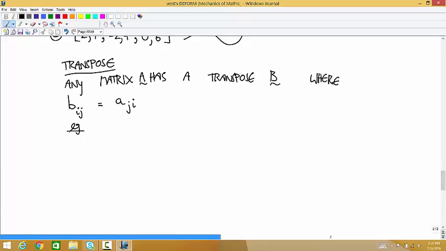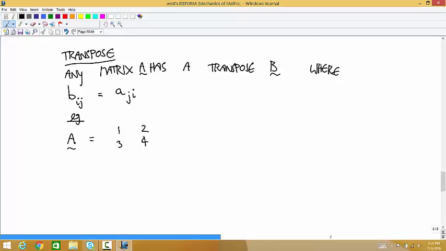Here's an example. If the matrix A is 1, 2, 3, 4, 5, 6, then A transpose, and you write it with a capital T as if it's an exponent, is equal to, okay, so to get the transpose, you take what was the first row on this one and make it the first column over here. So the first column of this is 1, 2. The second row of A is 3, 4.